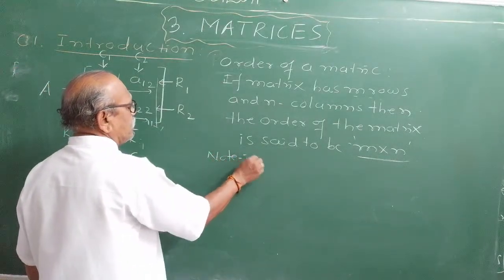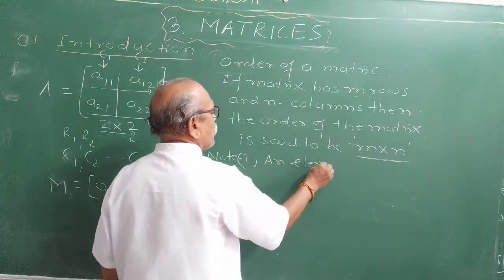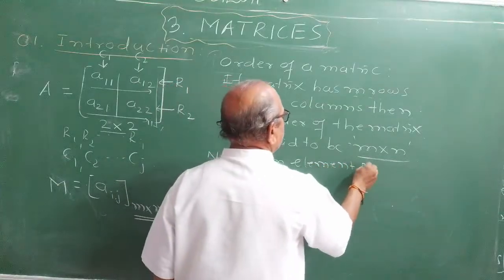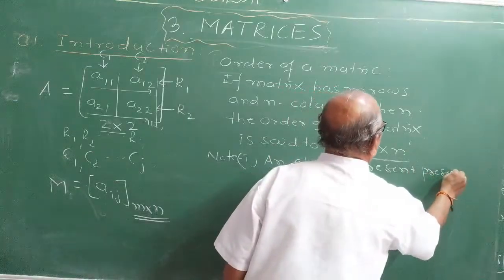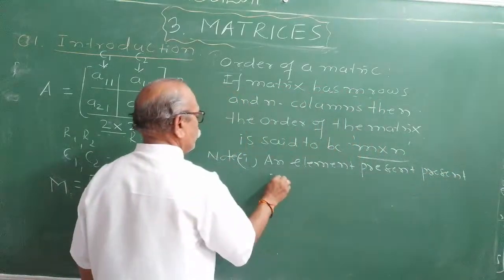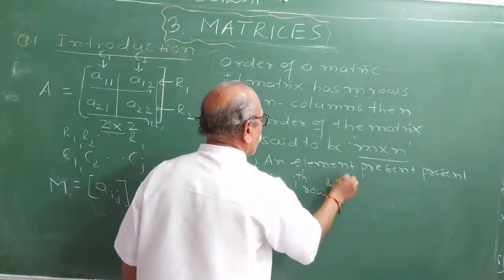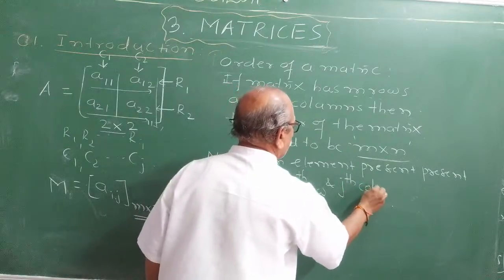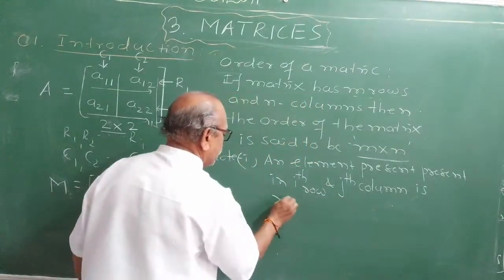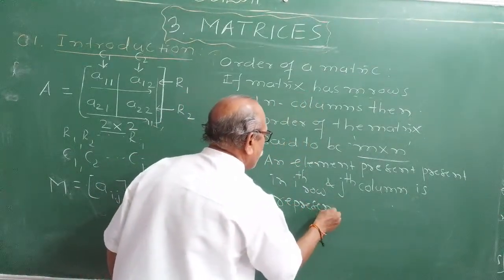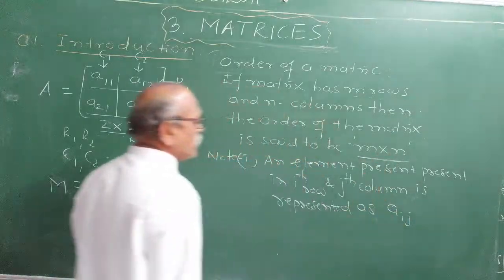An element present in the ith row and jth column is represented as Aij.